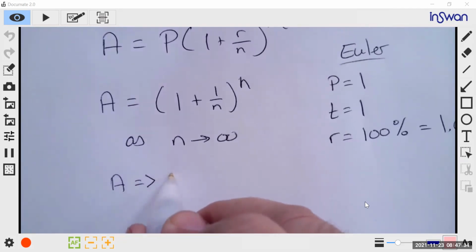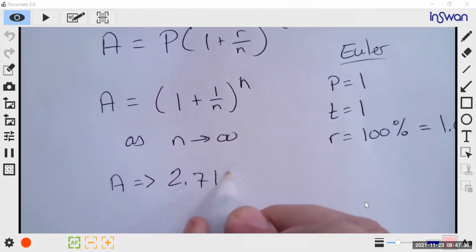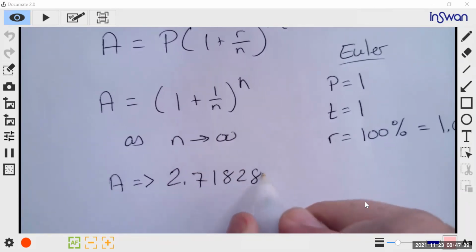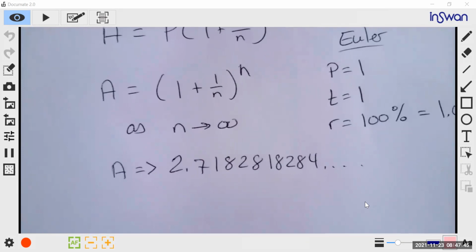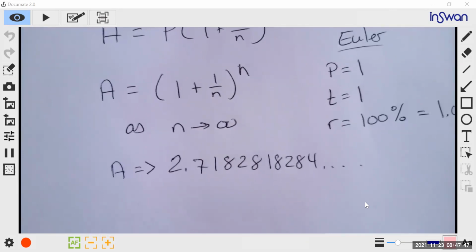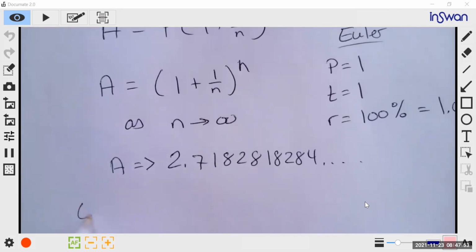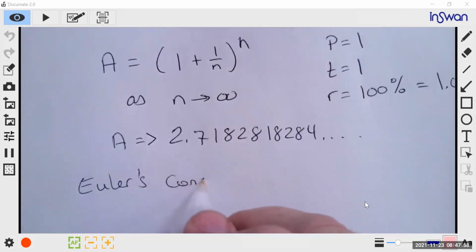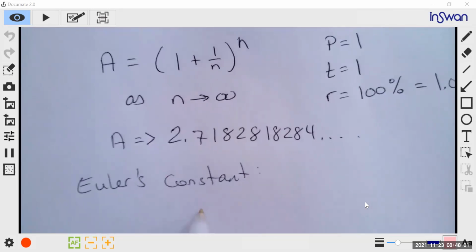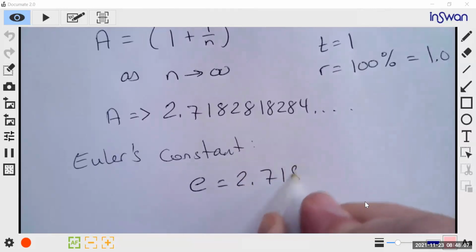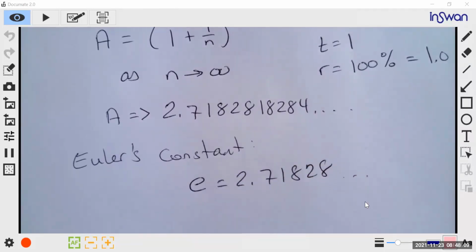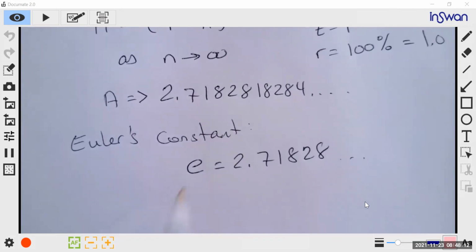It got really, really close to 2.71828182824 and so on. It became a constant, which is what we call Euler's constant, e. e stands for Euler. 2.71828 and so on. We'll be using this shortly.